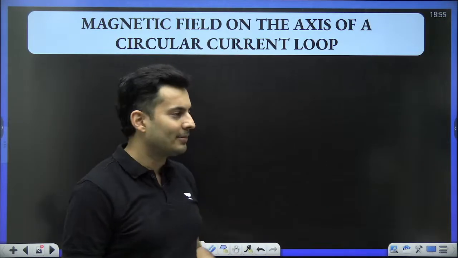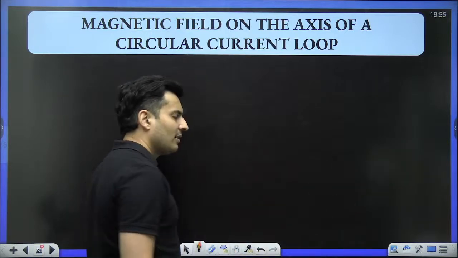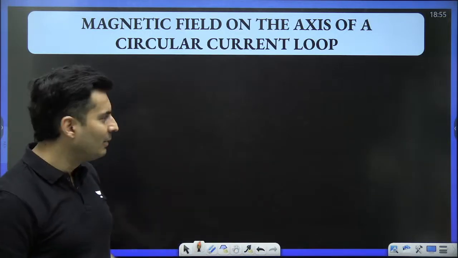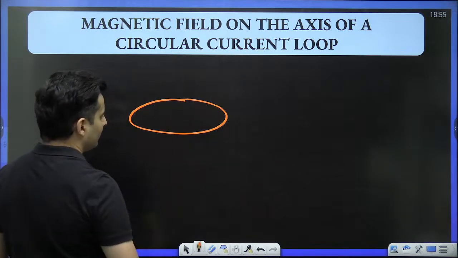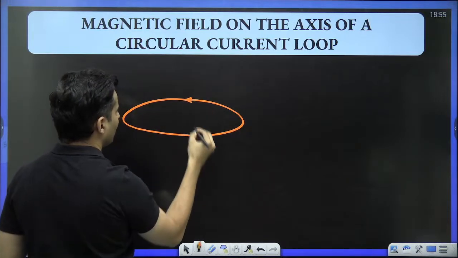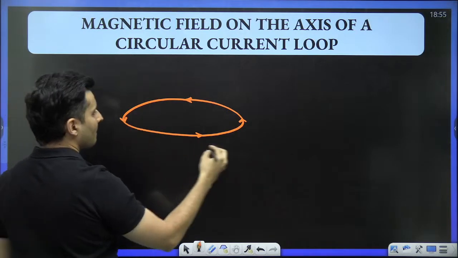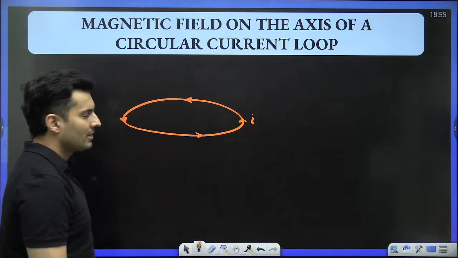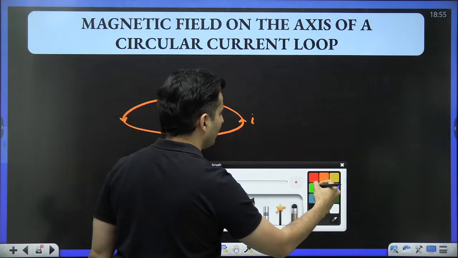Let's talk about circular. First, let's visualize how a circular coil's magnetic field will look like. If you take a circle like this, carrying some current, let's say in this particular manner, there is some current I in this. The magnetic field lines look somewhat like this. Observe carefully now.